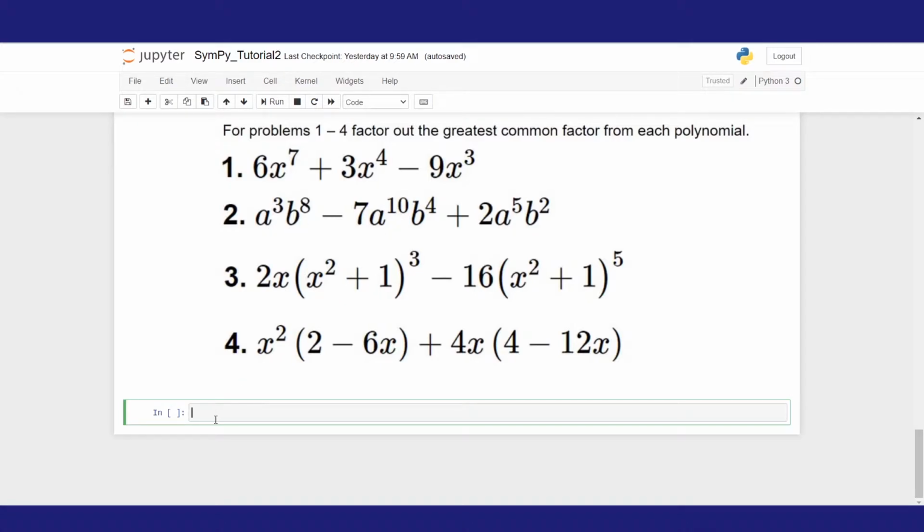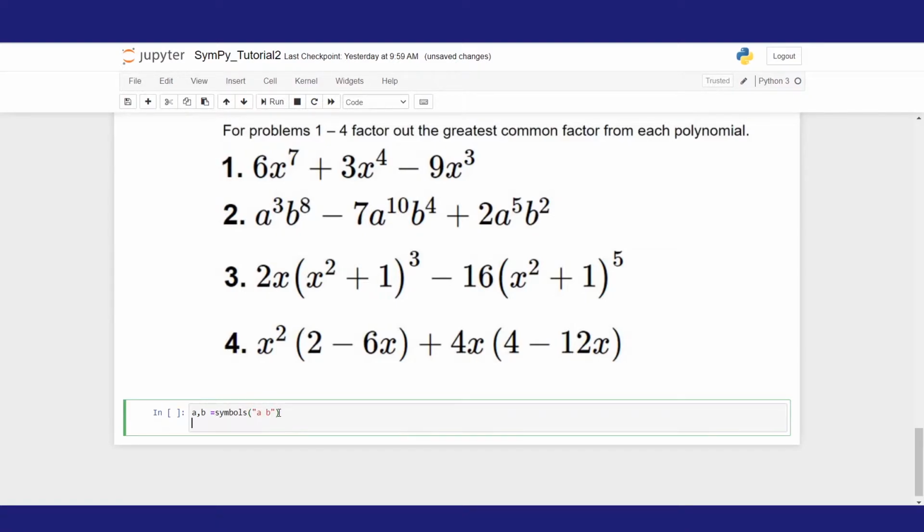So again, I'm going to begin by defining my symbols. a, b equals symbols, because it's more than one, so I'm going to use symbols, not just Symbol with a capital, and then I have a and b.